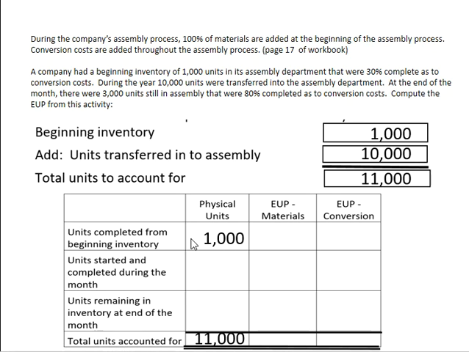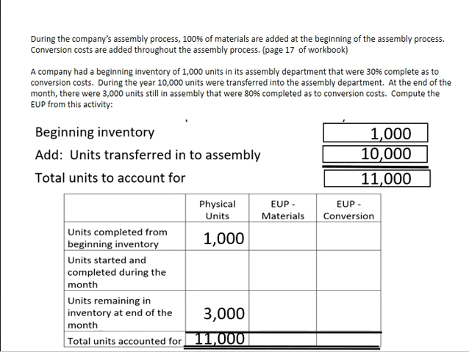We're also given how many units were left in inventory at the end of the accounting period. In this case, 3,000 physical units remained in assembly.